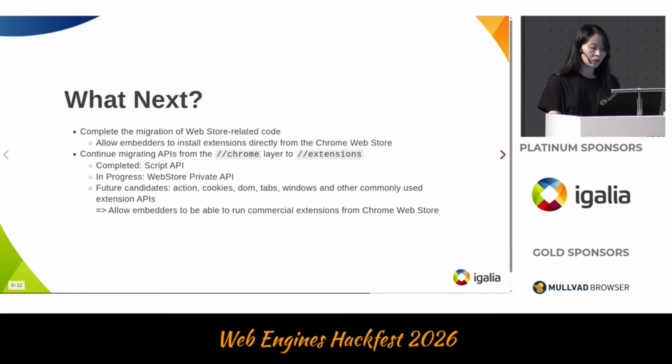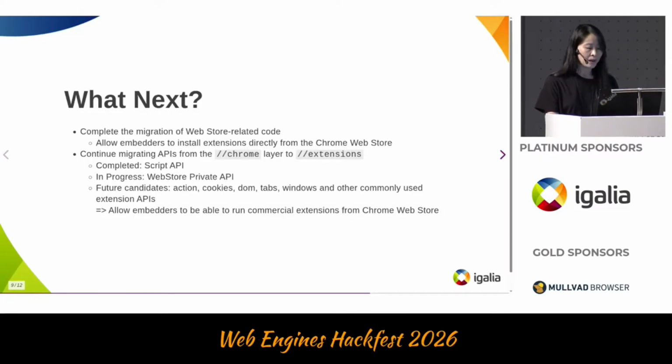This brings us to the next phase of the project: API migration. We have already completed the scripting API, and we are currently working on the Web Store private API. After that, we will continue evaluating and migrating commonly used APIs such as Action, Cookie, DOM, Tabs, and others.